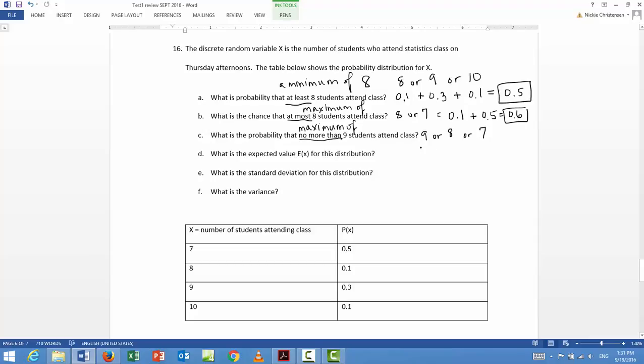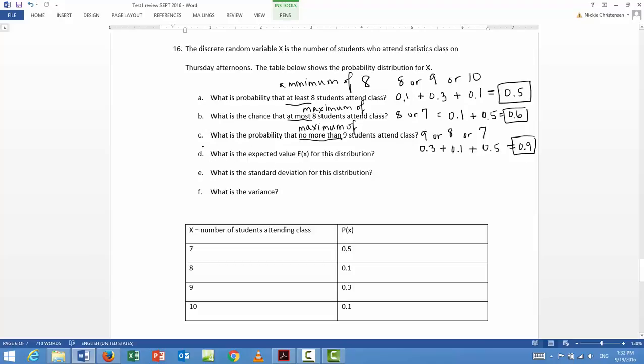So probability of 9 is 0.3, or means plus. Probability of 8 is 0.1, or means plus, and probability of 7 is 0.5. And that sums to 0.9. Okay, so that's our final answer for C.